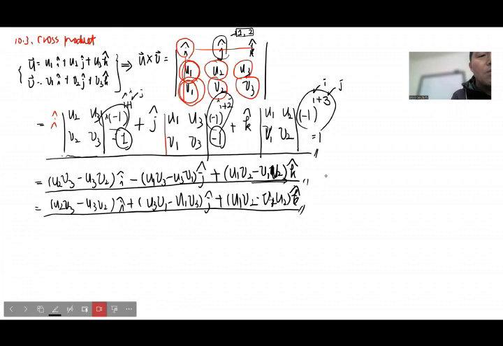Okay, so let's take a look at an example to find out how to use this formula. The example is number 1.